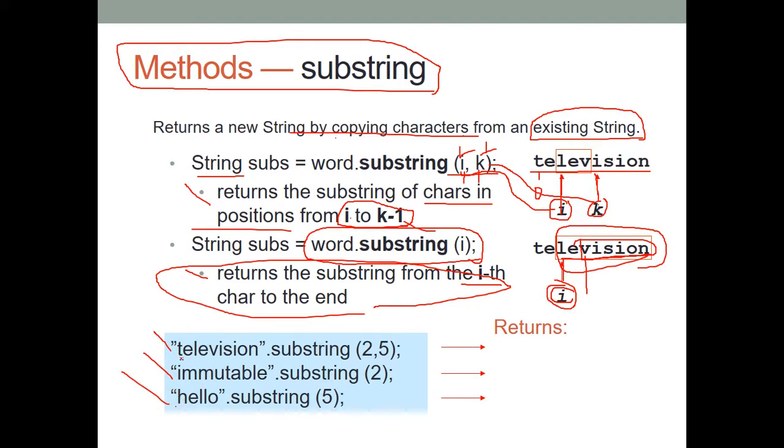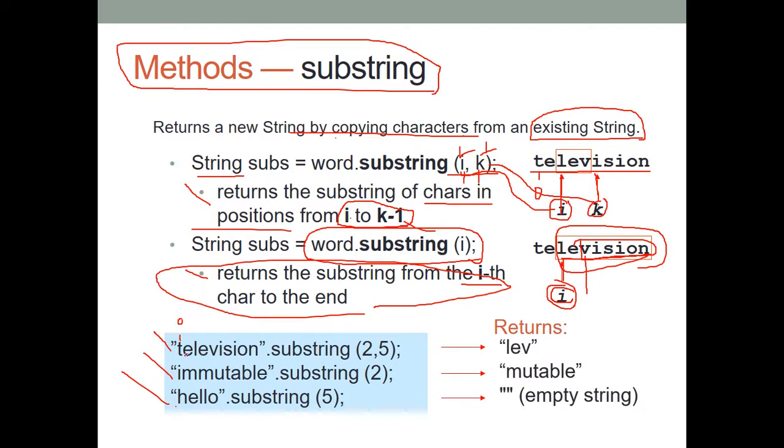For example, television.substring(2,5). The starting index is 0, because a string is internally an array. Don't forget this concept. So indexing is 0, 1, 2, 3, 4, 5, 6. You stop at 5.